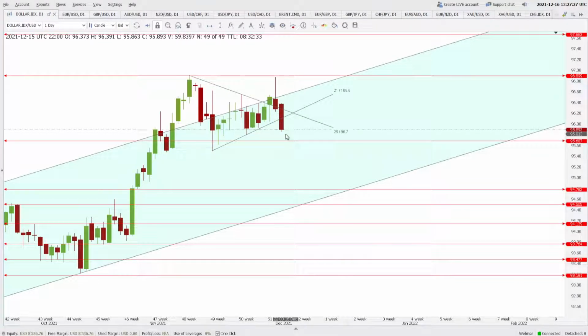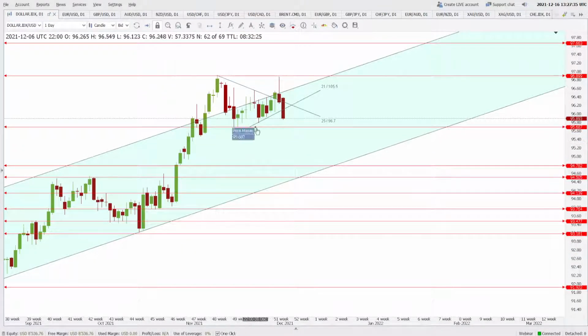So this is a classic fake out and then break on the other side setup. That means if we see continuous price action to the downside from here, any closing below 95.68 will open the way for 94.78.